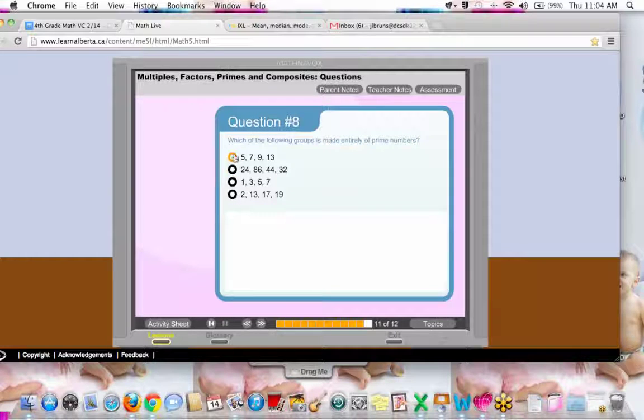So we have 2 possibilities, A or C. What did it say about the number 1, though? 1 is never prime or composite. Oh, so let's try this one. No. Let's try this one. There we go.